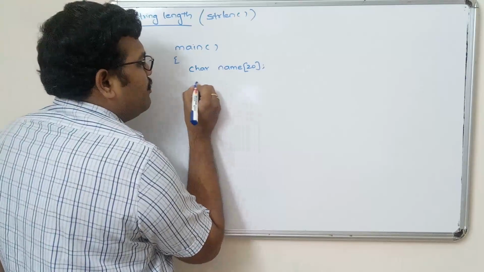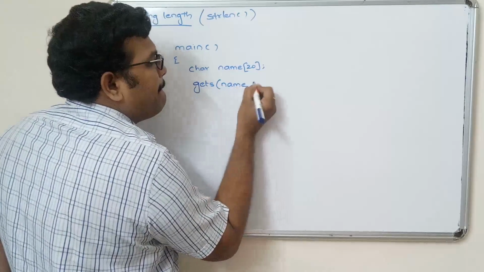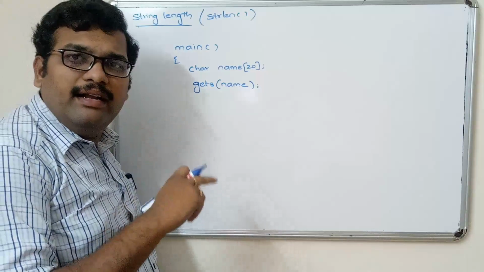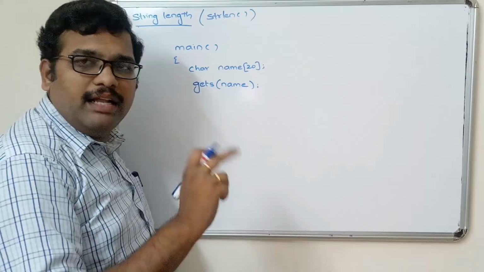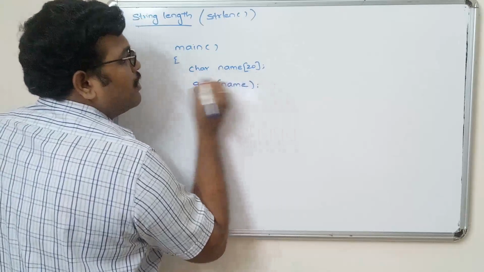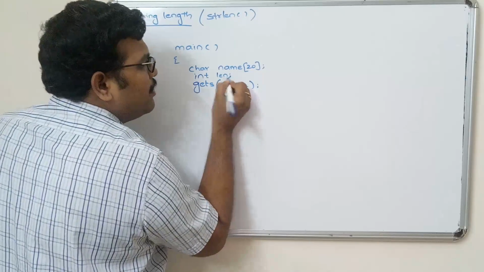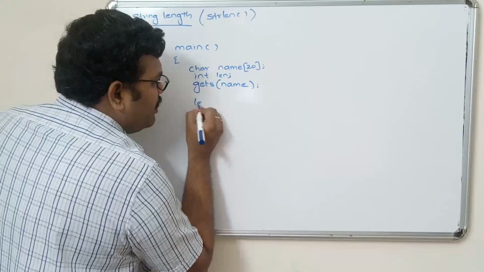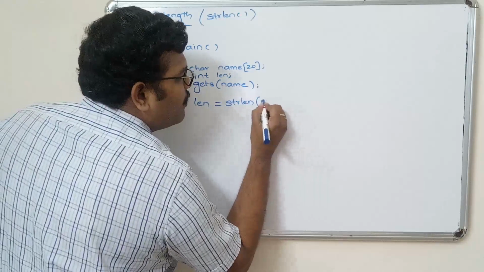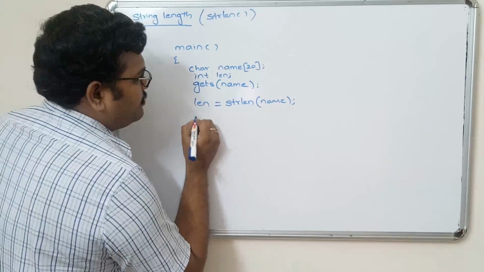I will use the gets function, gets of name, so that it will read every character until the user presses \n, that means the enter button. Now also declare one more variable, int len. So len is equal to strlen of the string name.